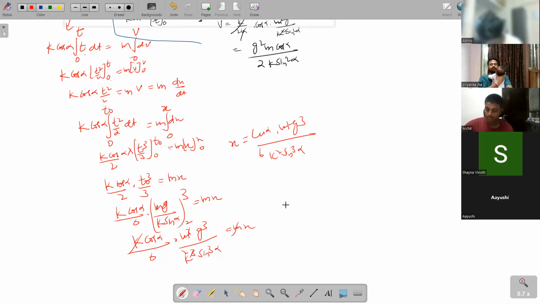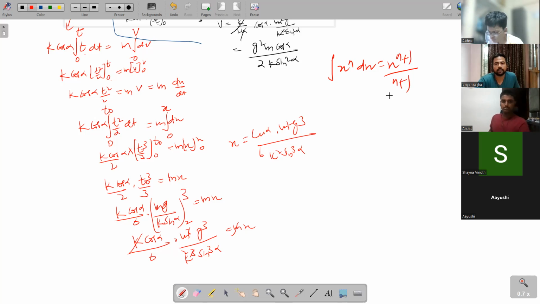Sir, how did we substitute t naught cube? Oh, see, you know the integration of x raised to n dx. That is x raised to n plus 1 upon n plus 1. So here n is 2. So 2 plus 1 upon 2 plus 1, and then put the upper limit first.